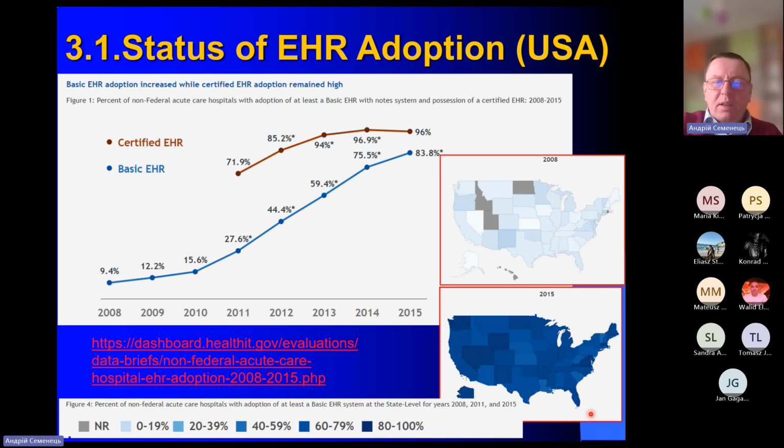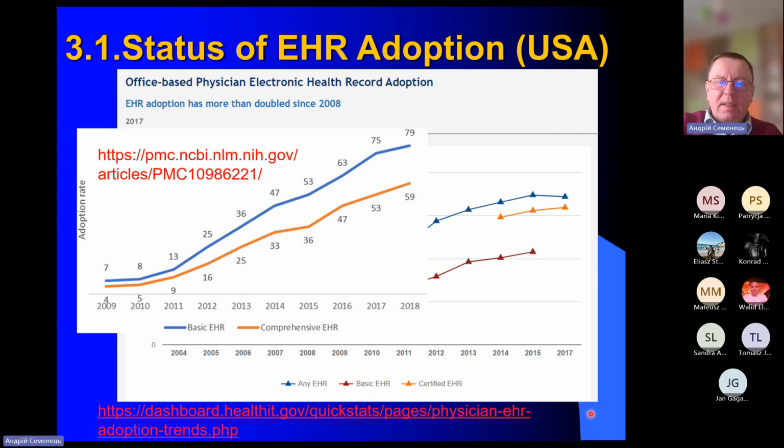That's mostly legal issues, not an actual problem with data access. And here is some a little bit updated information, but the most recent I found was 6 years ago, and it still demonstrates that we have high coverage with basic EHR, but are not far from perfect in the case of full coverage and comprehensive EHR systems.